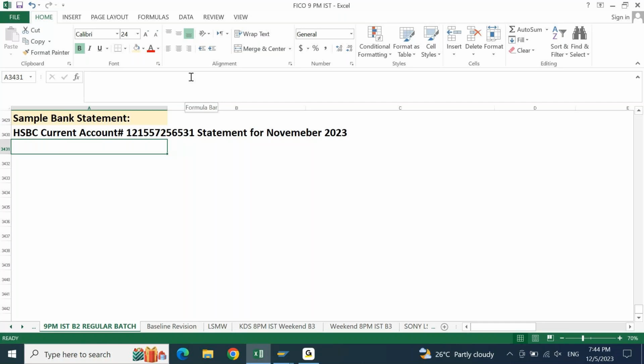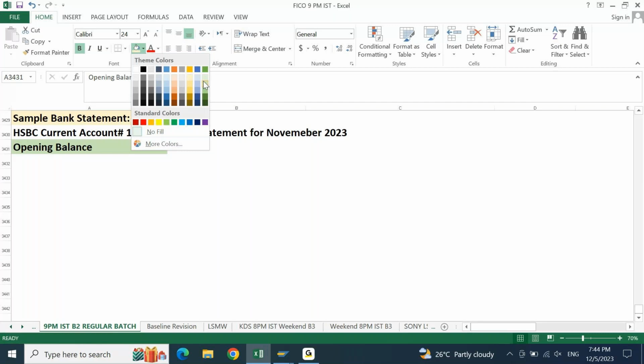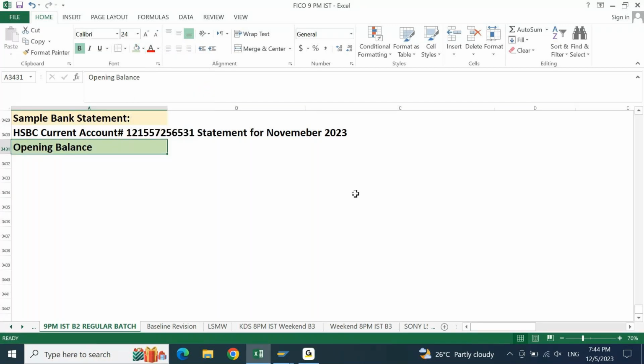In short, in your bank statement, you are going to have two attributes as mandatory. First one will be your opening balance. Let me put a different color for opening balance. And next one you will have is the closing balance. Understand what is opening balance and what is closing balance.